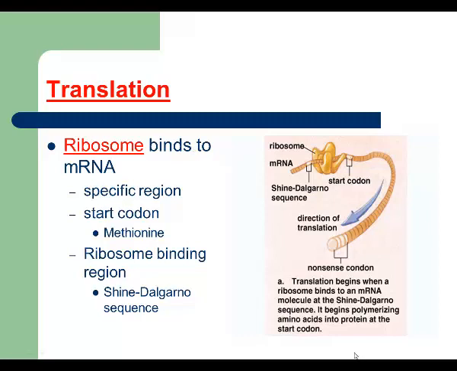Let's look at this picture. This is the messenger RNA with codons. This is the ribosome. And this specific region on messenger RNA is called the Shine-Dalgarno sequence, or the ribosome binding site. This signal shows the ribosome where it is supposed to attach to messenger RNA.